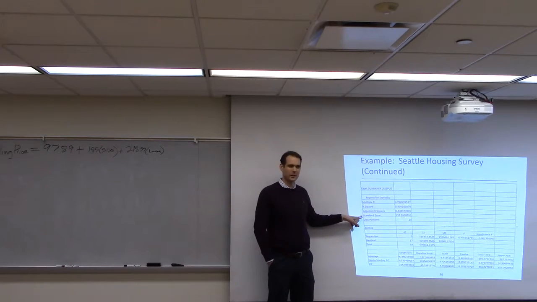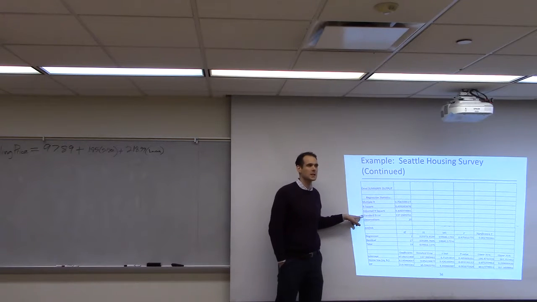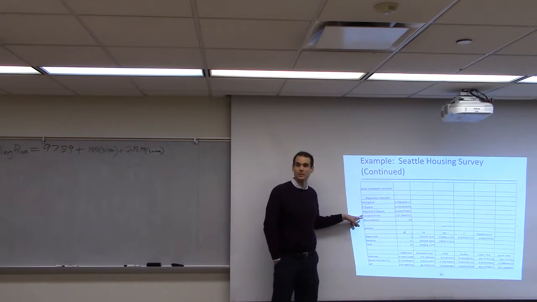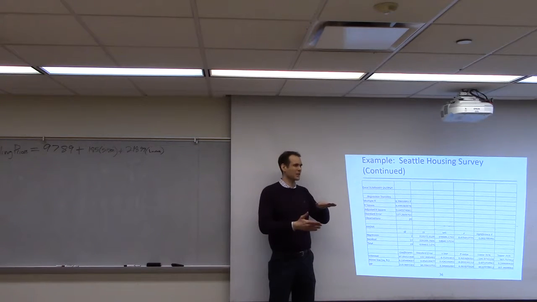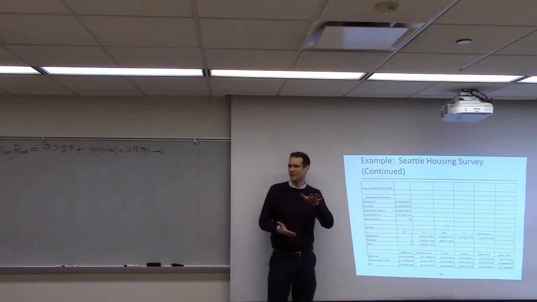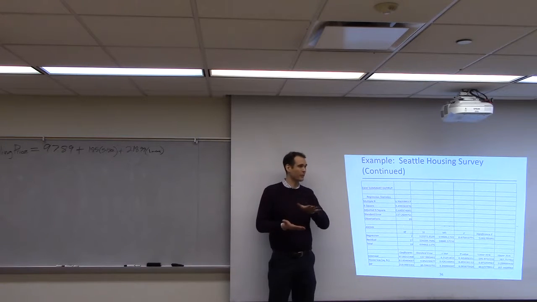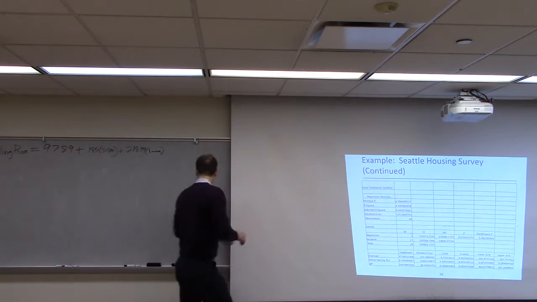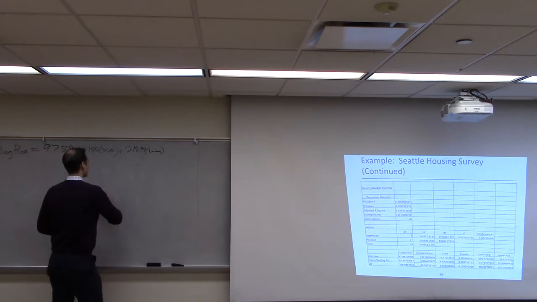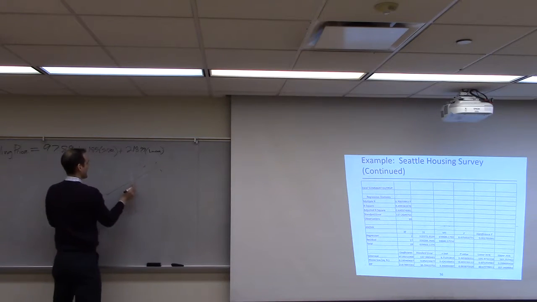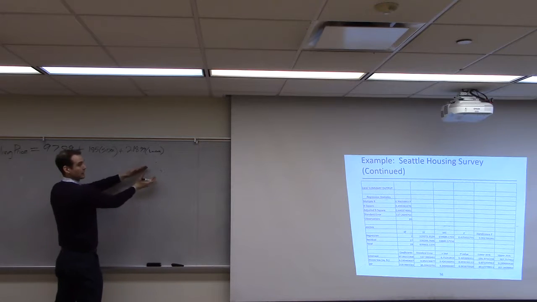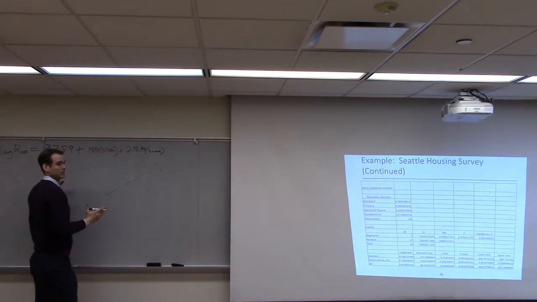What units are we in here? 137 what? $1,000. Yeah, so that's a lot, right? 137,000. Each of these 20 houses on average is 137,000 off from the regression plane. If we were to draw a line of best fit, these dots would be like this. The average distance from the line would be 137,000.